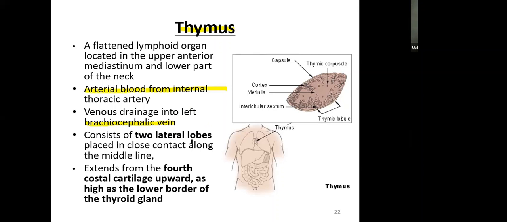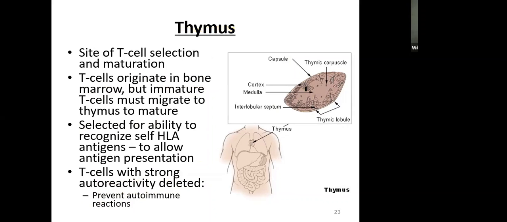It consists of 2 lateral lobes placed in close contact along the middle line, and it extends from the 4th costal cartilage, this is relevant to you, upwards as high as the lower border of the thyroid gland.